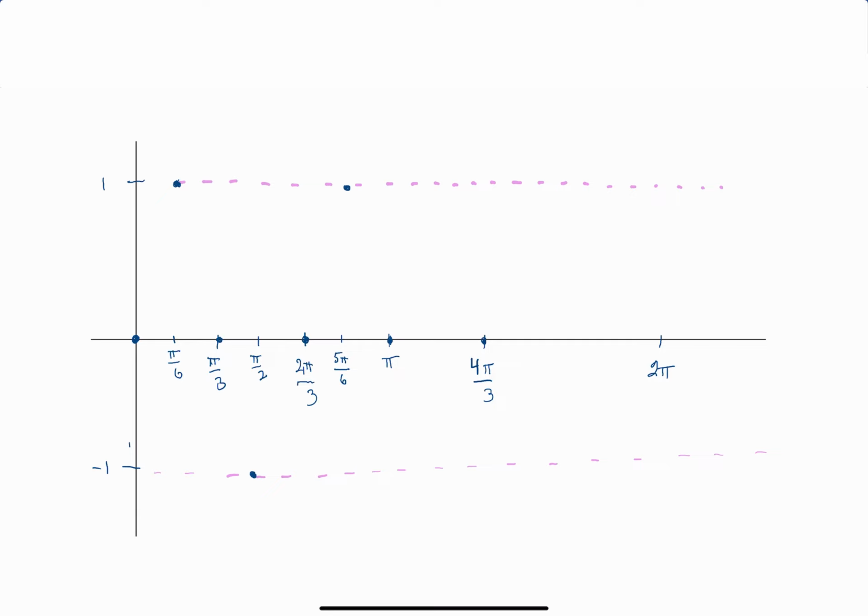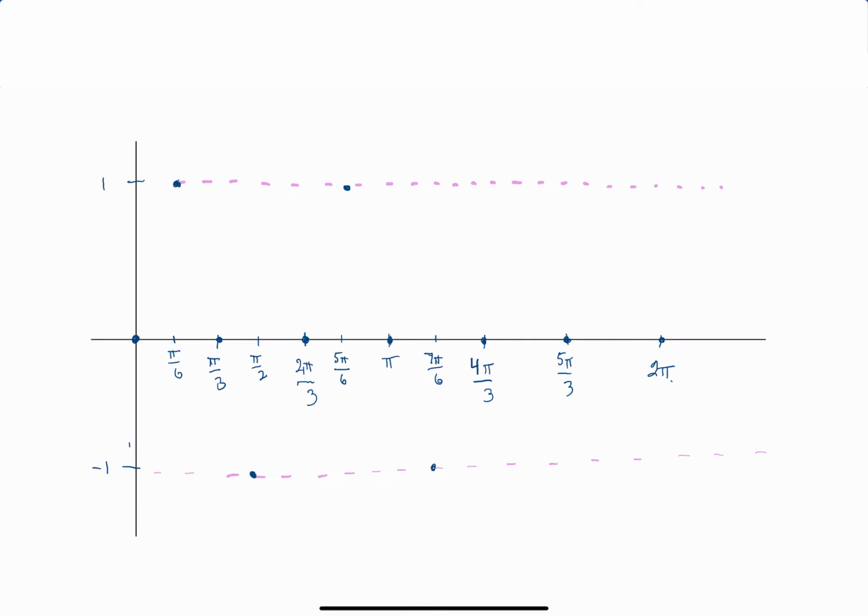Yeah, and then the next mark will be at 7 pi over 6. And we've got a trough there. Almost done. We've got an x-intercept halfway between 4 pi over 3 and 2 pi. Let's see. 2 pi would be 6 pi over 3. Okay, so halfway between them is 5 pi over 3.